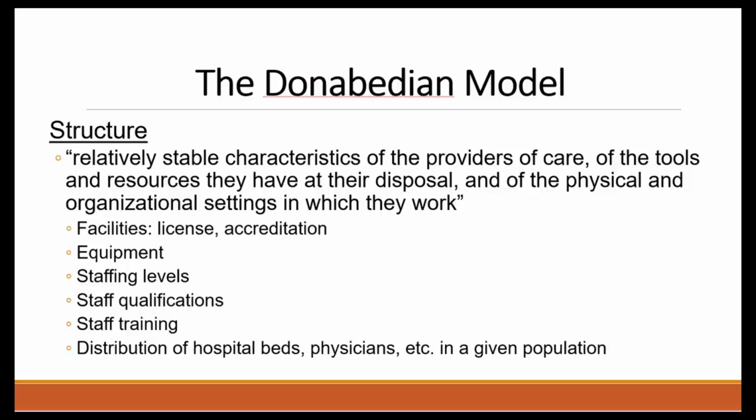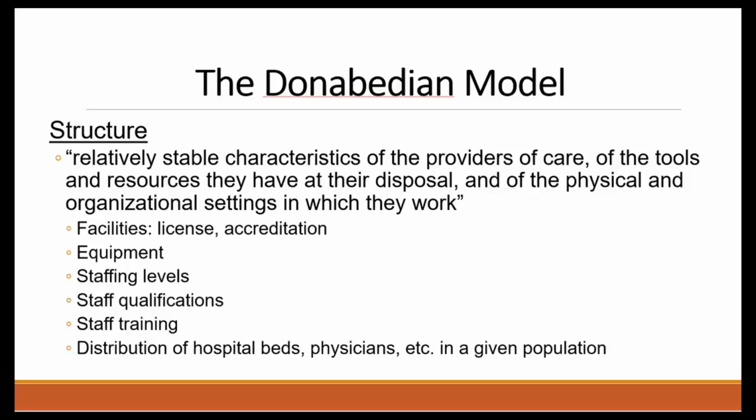Structure and processes together influence quality outcomes. Structure primarily influences process and has only a secondary direct influence on outcomes. So it should be noted that the model views quality strictly from the delivery system's perspective. So it doesn't account for the individual lifestyles and behaviors that also have a significant influence on health status.